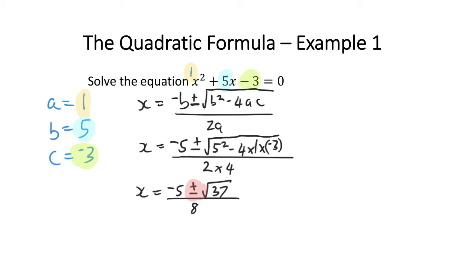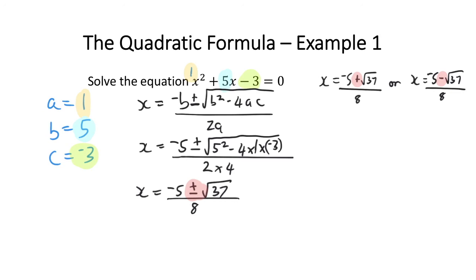And then the second equation is negative 5 minus the square root of 37 divided by the denominator. By splitting the equation into a plus the square root of 37 and a minus the square root of 37, we come up with two x values that form the two solutions to the original equation in the question.